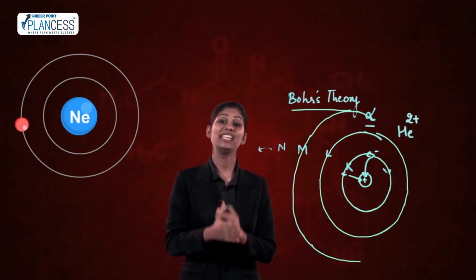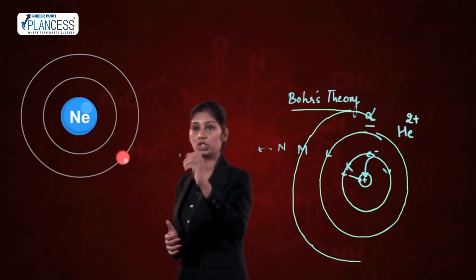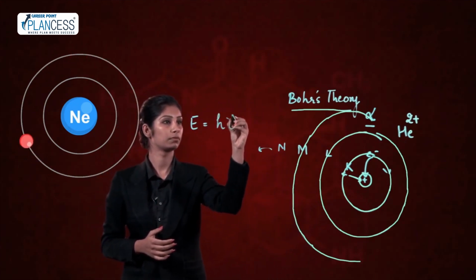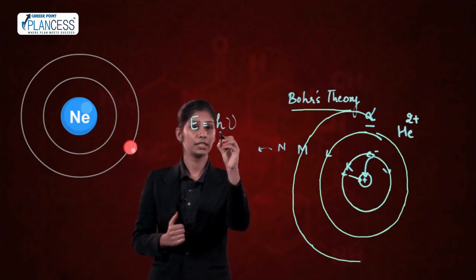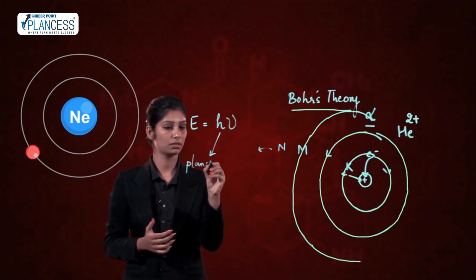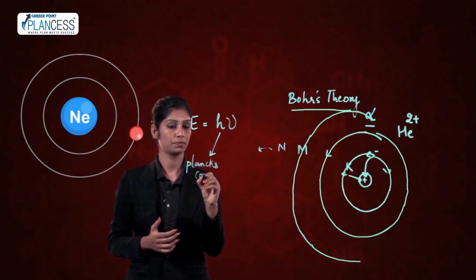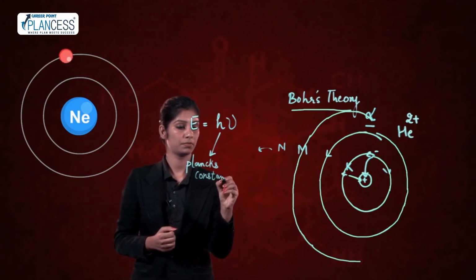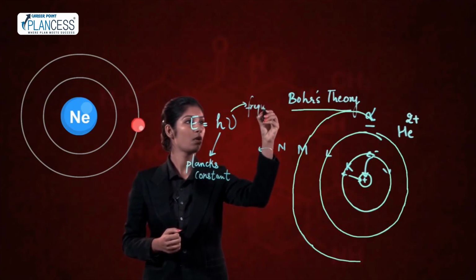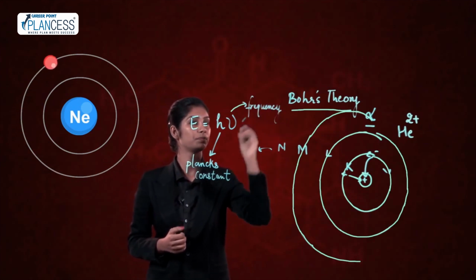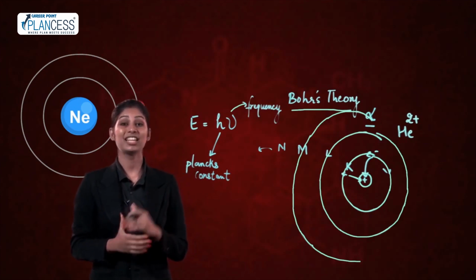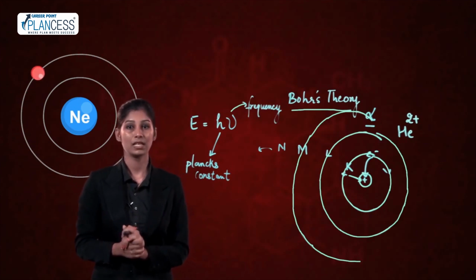Now this energy is given by an equation which is here. This constant is called Planck's constant, and this is the frequency of the radiation emitted. You will study this equation in detail in higher classes.